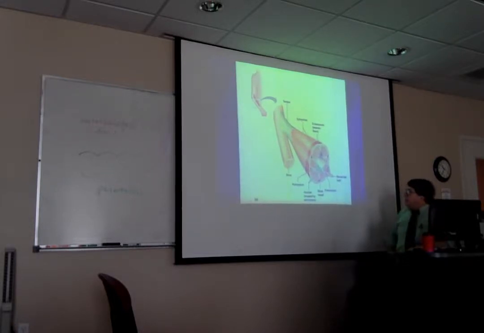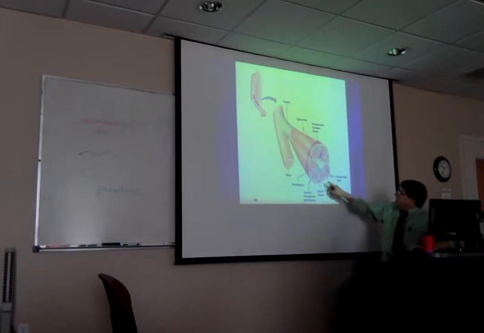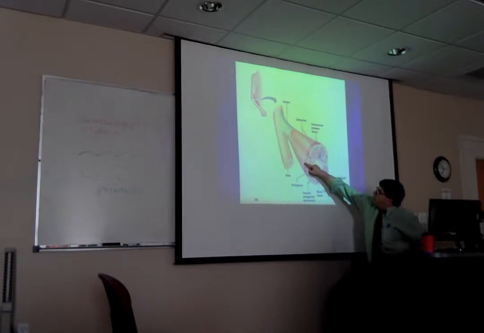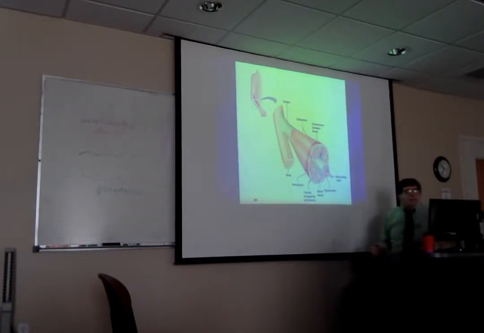Now, the connective tissue sheath that surrounds an individual muscle cell, like this one, in white here, is referred to as an endomysium. The connective tissue sheath that wraps around the entire fascicle, we'd call a perimysium. And the connective tissue sheath that wraps around the entire muscle would be referred to as the epimysium.